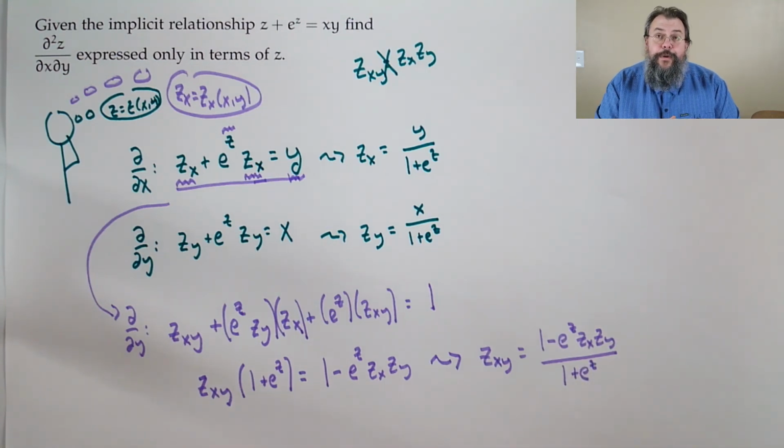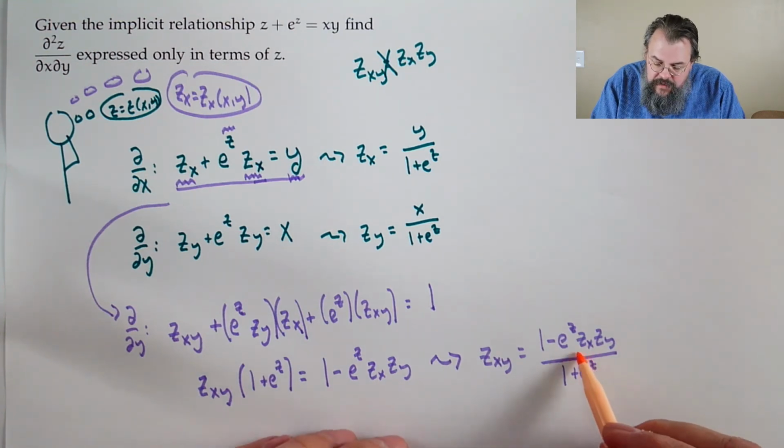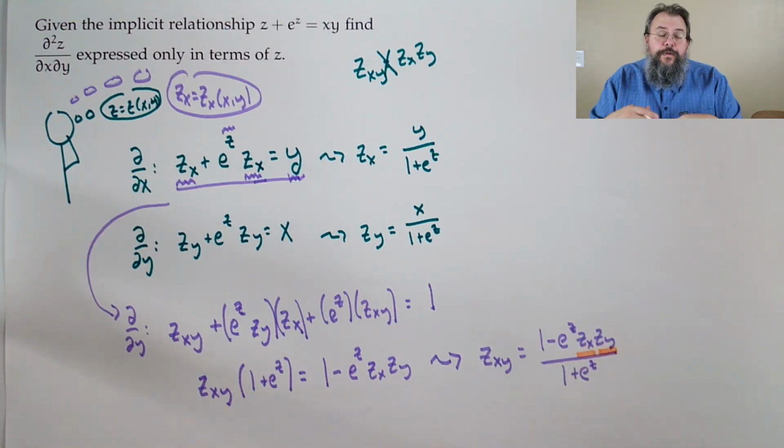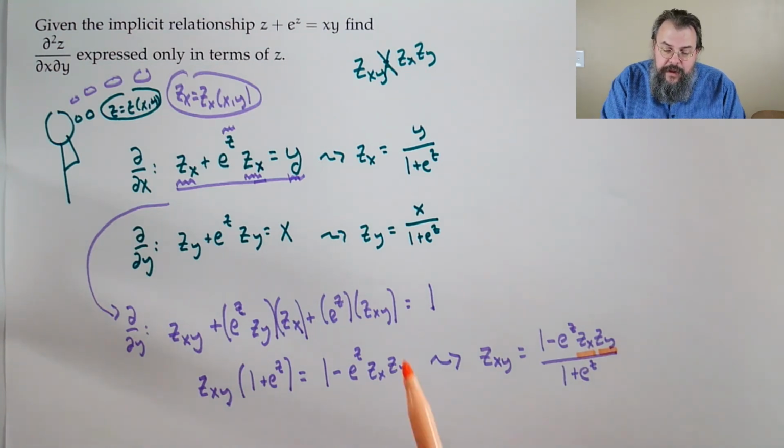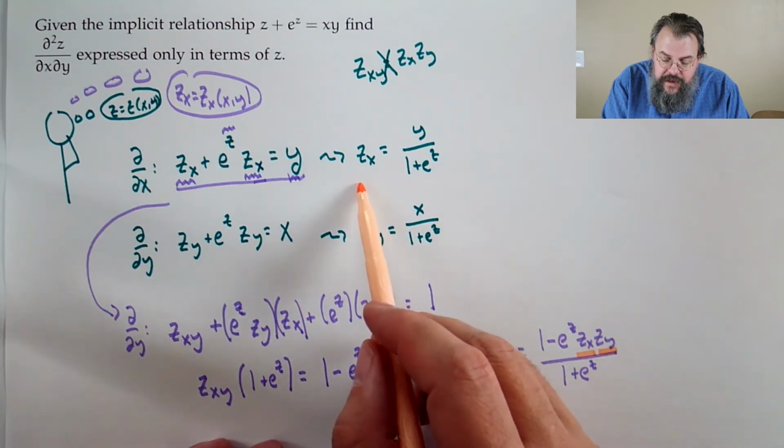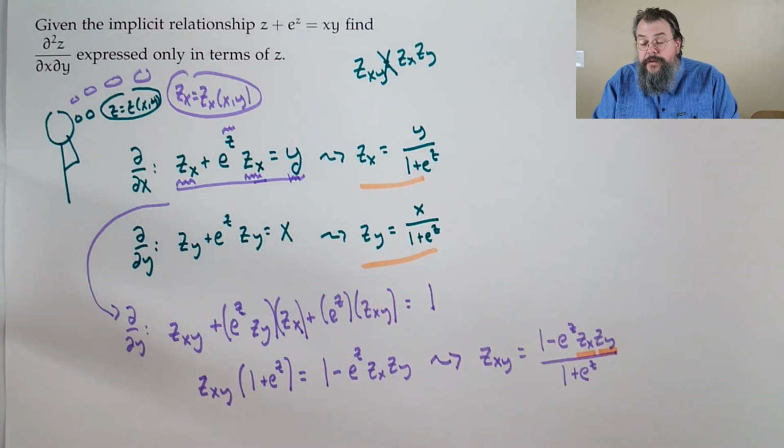Okay, now, we're not actually done. What's wrong? Well, the thing that's wrong is we have these pieces here, z_x, z_y. We don't want those in our answer. We want to replace them. But wait, we know z_x and we know z_y. So we'll replace them, and then we'll be good to go.